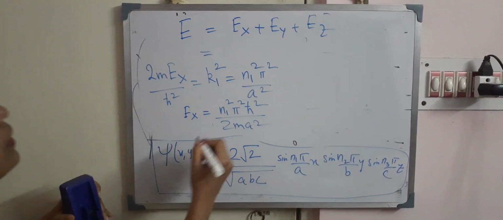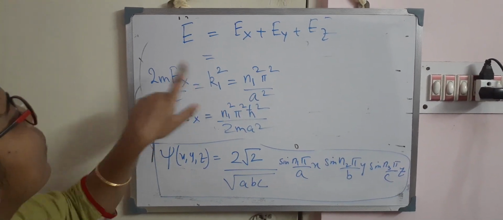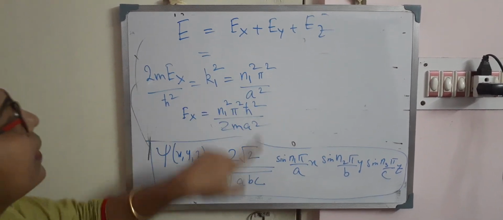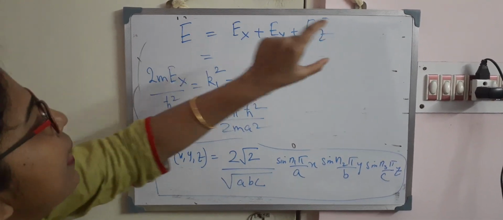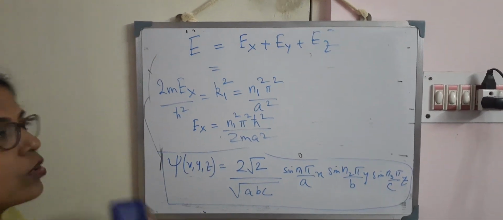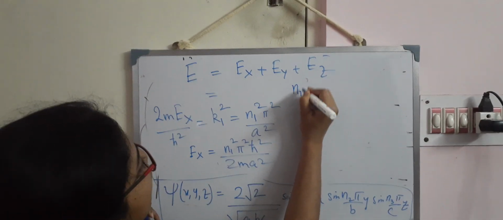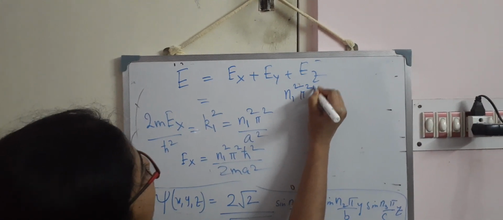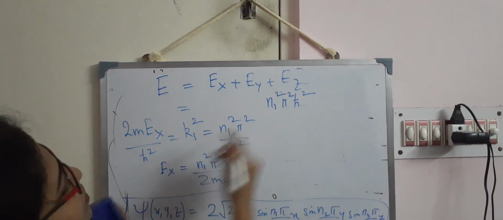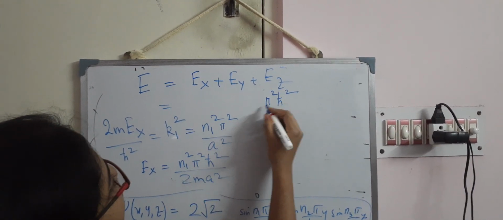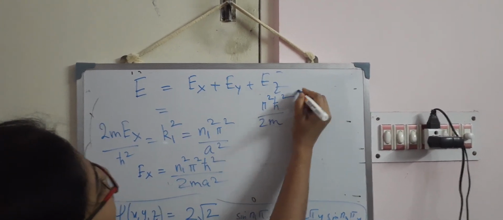Similarly I can write 2m Ey by h cut square is equal to k2 square and put the value of k2 square there. I will get the value of Ey and Ez. They will all have a similarity in their expressions. So pi square h cut square by 2m is a common term that you will get once you add those three.